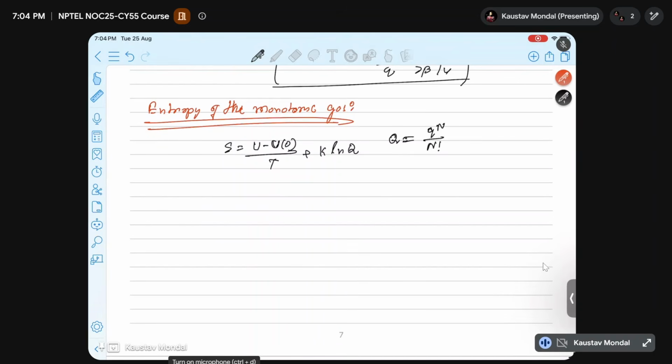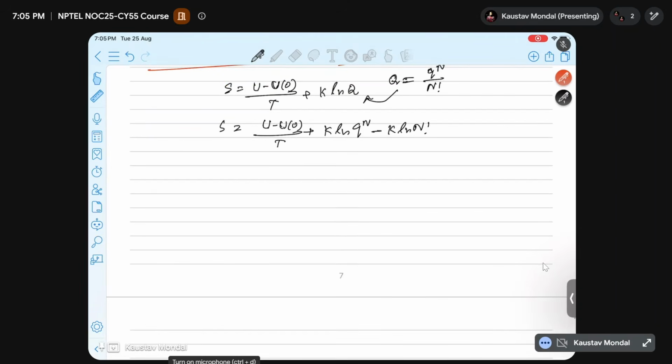If you substitute here, you get S equal to U minus U0 by T plus k ln q^n minus k ln n factorial.